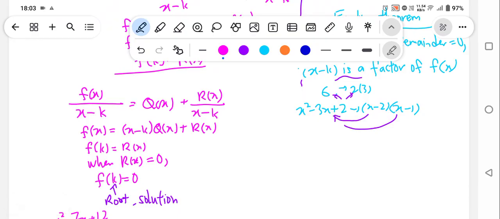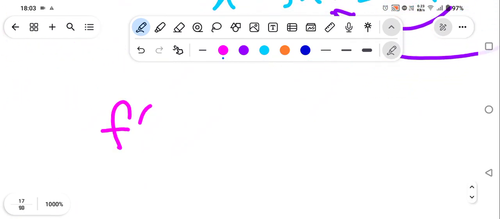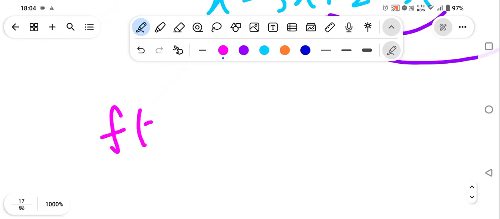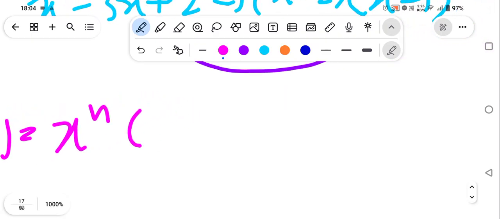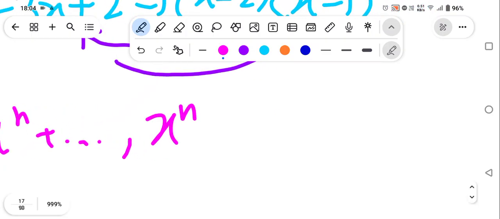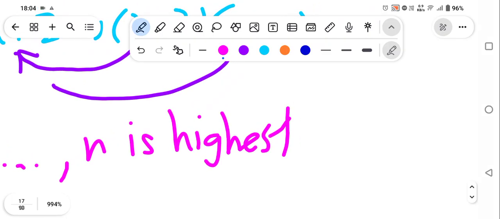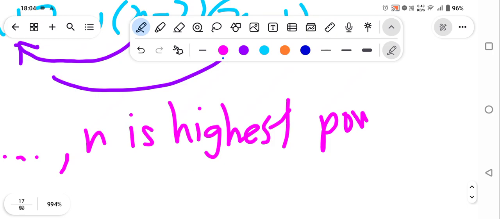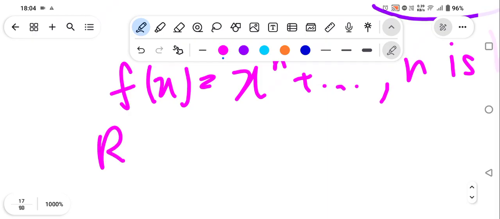So one thing about the remainder theorem is, if you have a polynomial, so if you have an nth power polynomial, let's say f(x), you have x to the n as the highest power, and the remainder, let's just call it R(x).